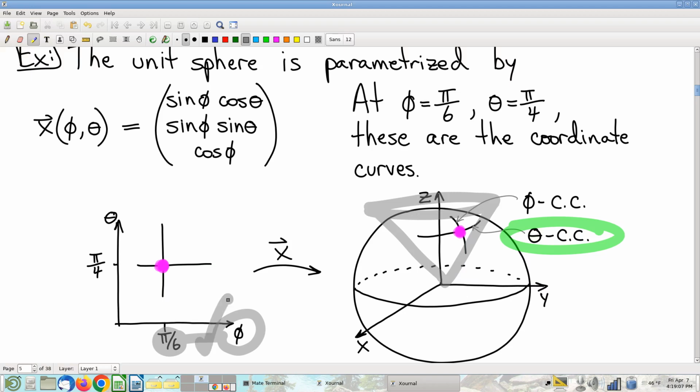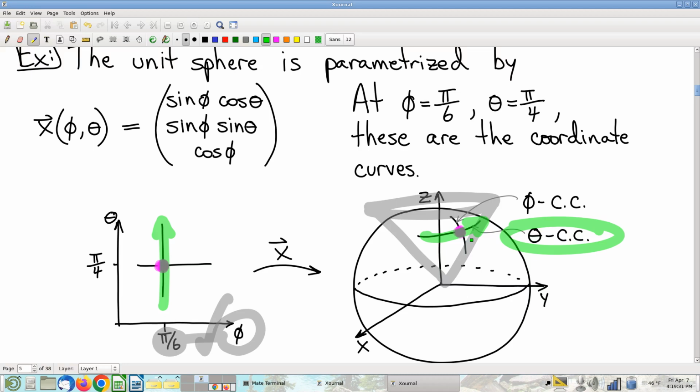And now let's think about what happens if I move theta. If I go in the theta direction with the understanding that phi is stuck at pi over 6, well, then I just move along that intersection curve. And so this latitude line, you might call it, is a theta coordinate curve on the sphere. Is everybody with me?